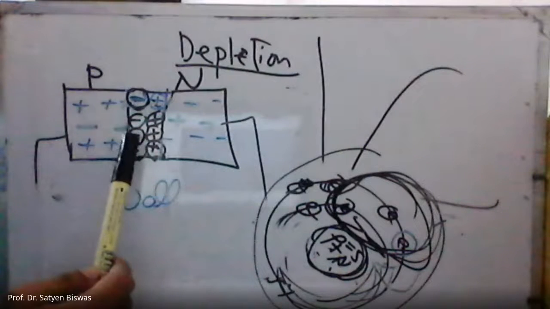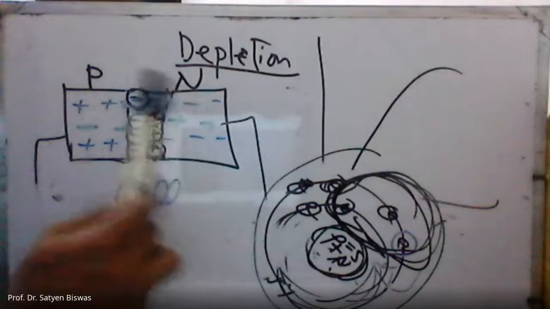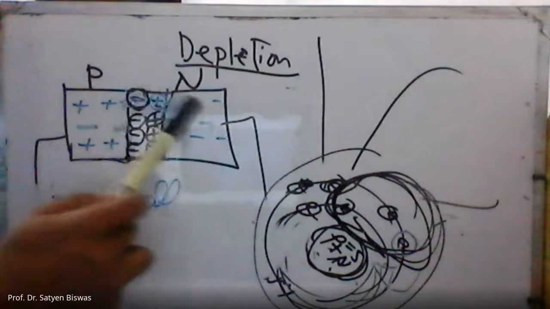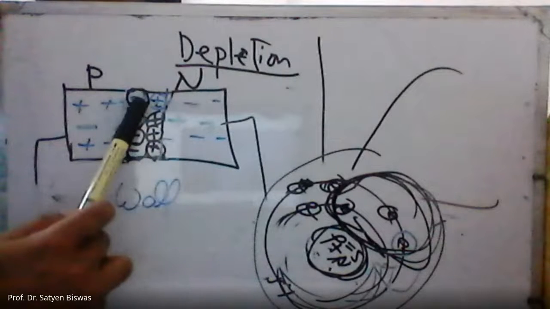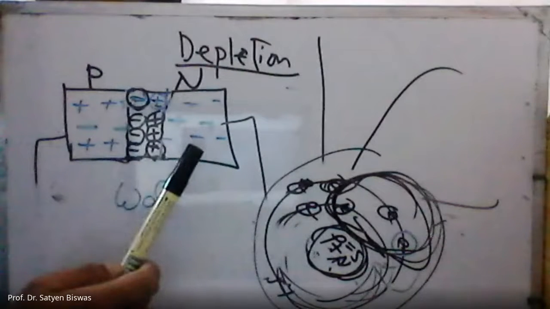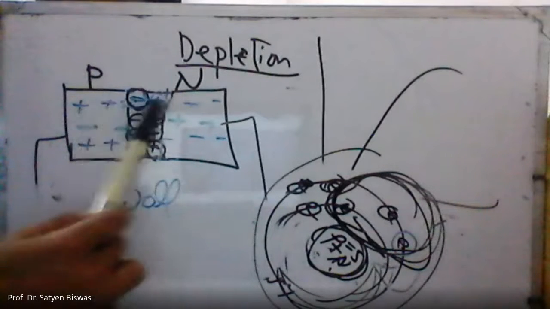But what will happen here? You see, when this one wants to go to the left side, then this negative ion will make a repulsive force between this one and this one. And this positive ion and this one will make another repulsive force, right?